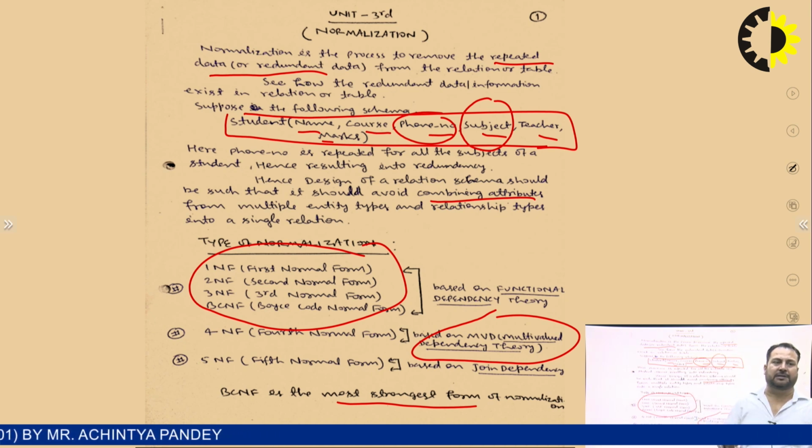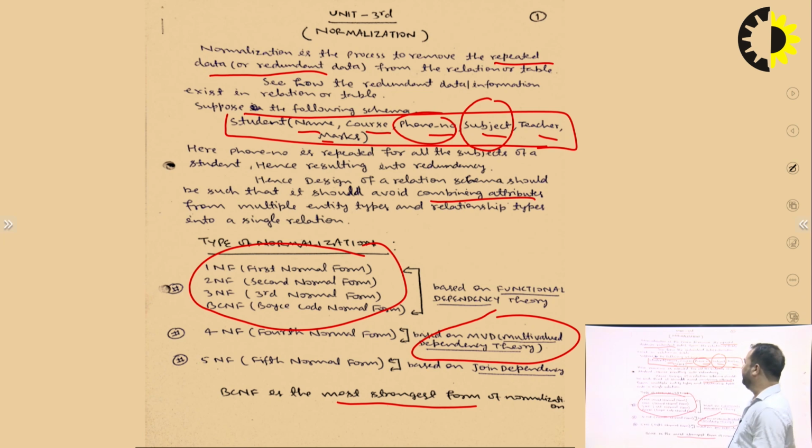As it becomes stronger, repeated data will be reduced to a very great extent.